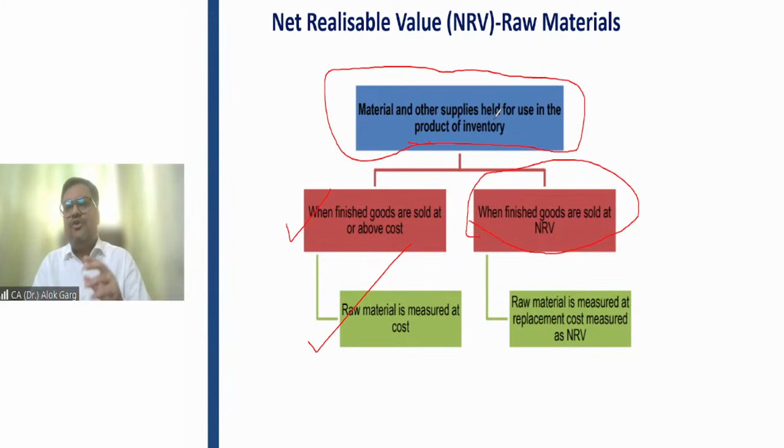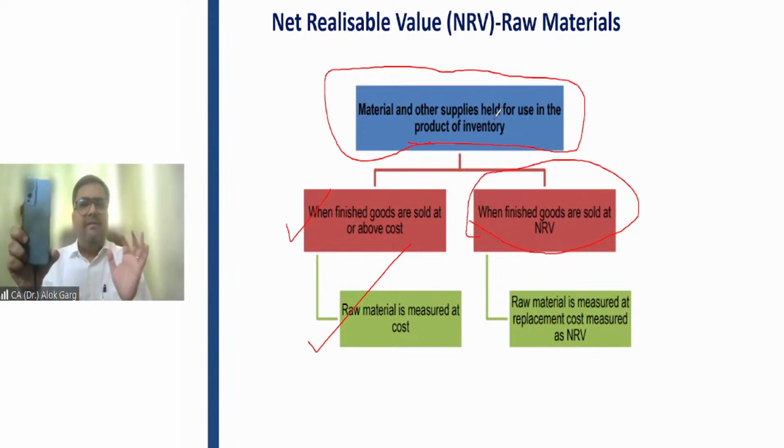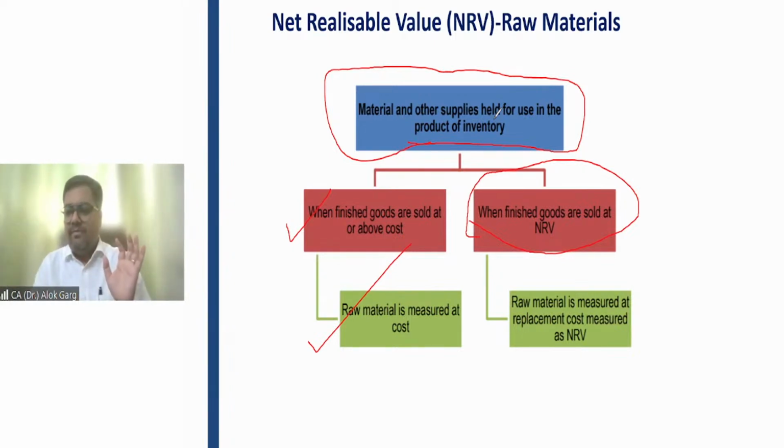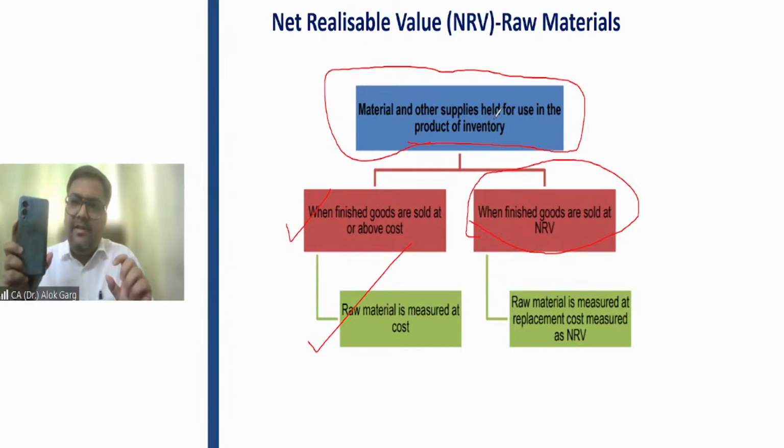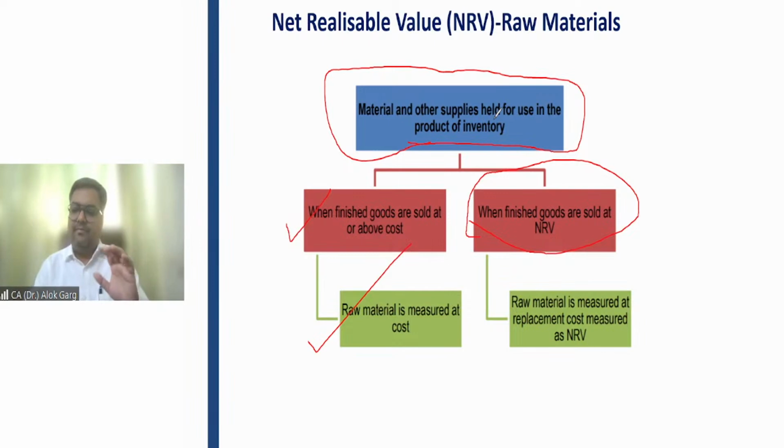Friends, the cost of this mobile phone is, let's say, 10,000 rupees. And the raw material which is used in this mobile phone is 8,000 rupees, right? So this mobile phone is getting sold at 10,000 or more.